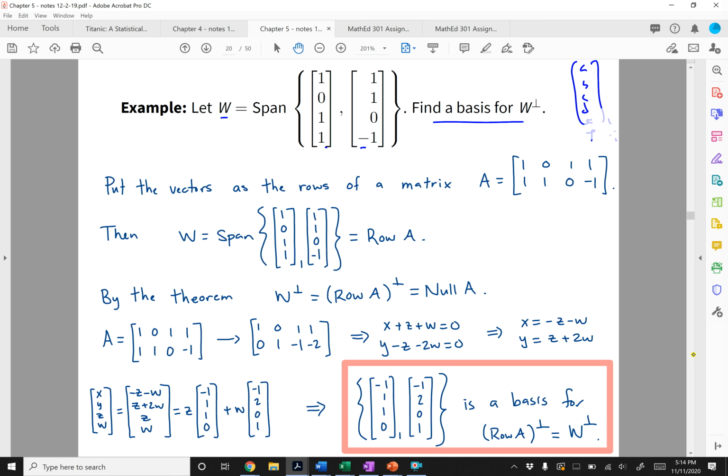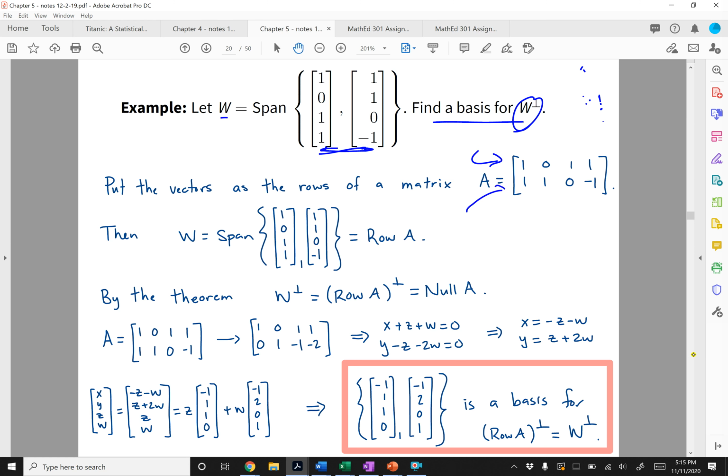But let's use the power of the theorem that we have, because it already says that if we want the orthogonal complement of W, then we just have to find the null space of this system, where these are row vectors.